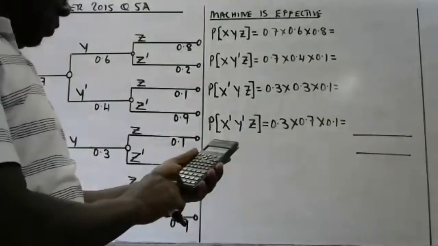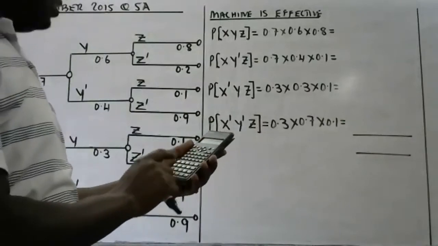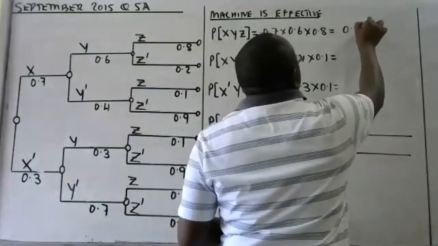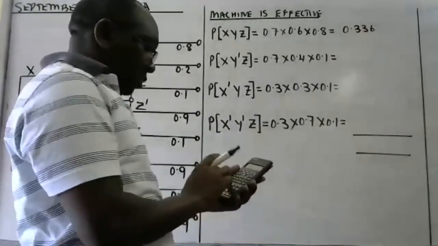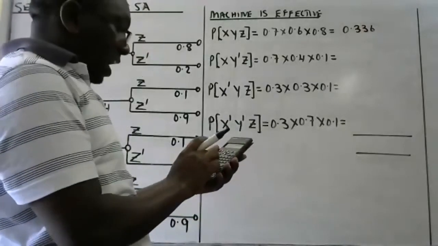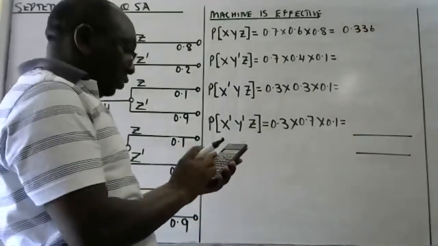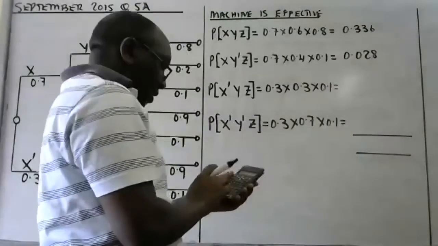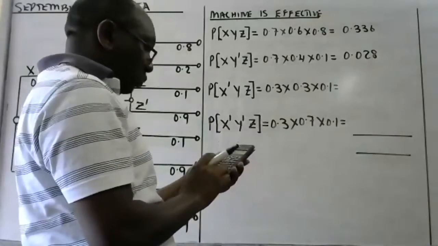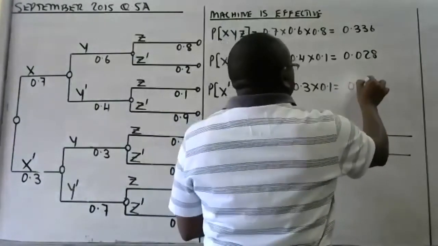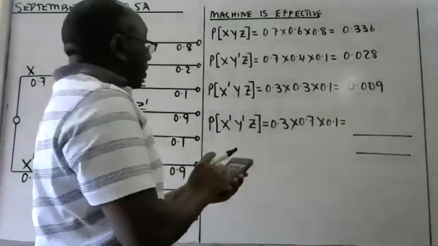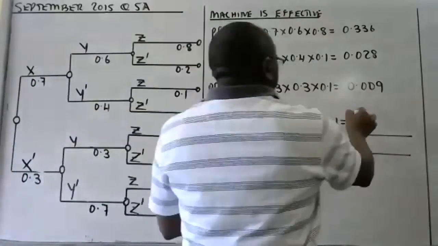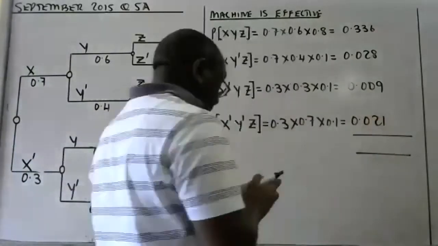So I will need to say 0.7 times 0.6 times 0.8 is 0.336. 0.7 times 0.4 times 0.1 is 0.028. 0.3 times 0.3 times 0.1 is 0.009. 0.3 times 0.7 times 0.1 is 0.021.